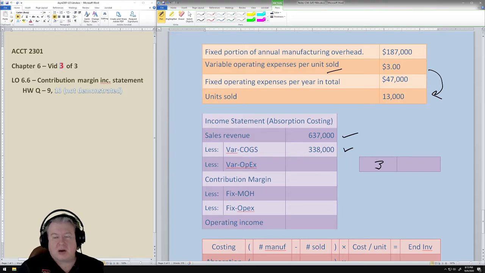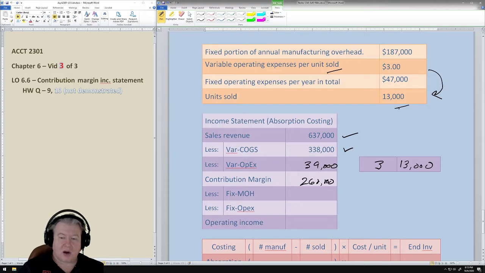If you're questioning whether it's per manufacturing unit or per unit sold, a lot of times they'll give you a hint. So 3, and how many units sold? Well, 13,000. So our variable operating expenses are 39,000. When I subtract that out, our contribution margin, not our gross profit, our contribution margin is 286.